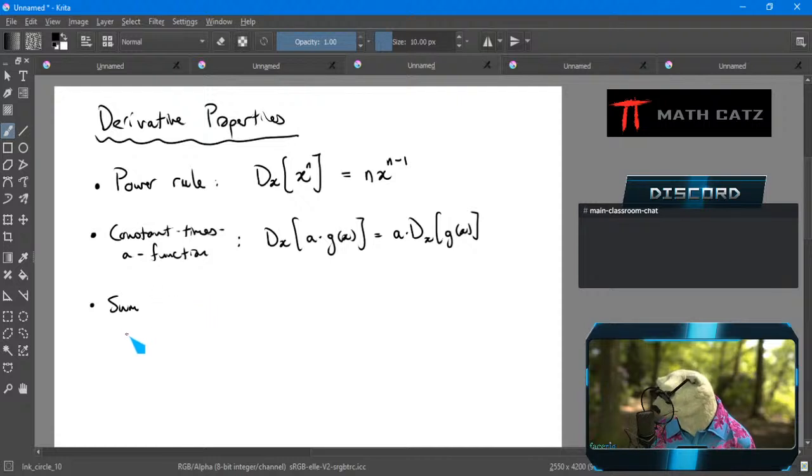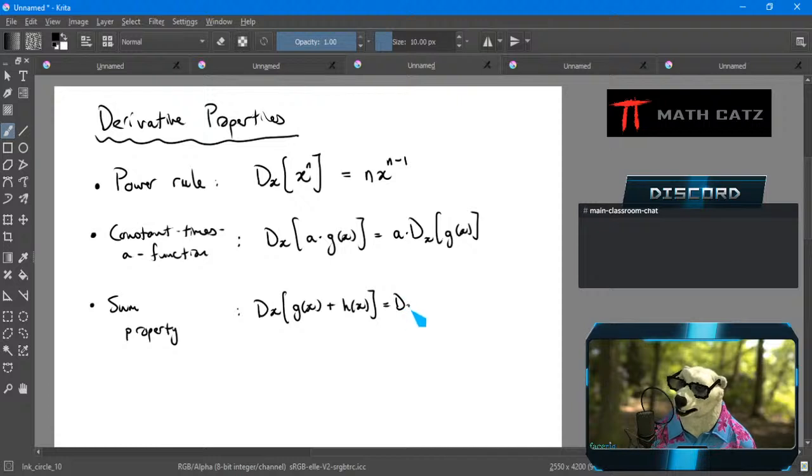I'm going to leave a space here. The sum property says if I can see my function as two functions added together, then I can look at the derivative of each of those terms and add them up after the fact.